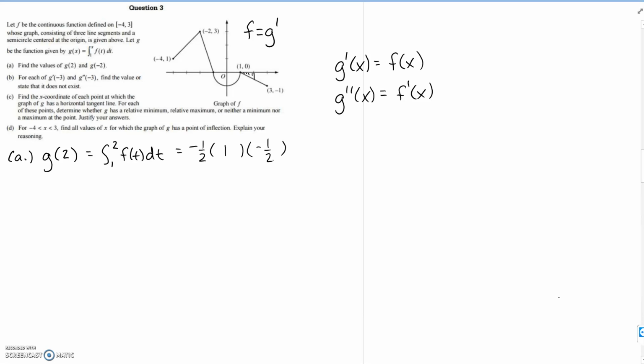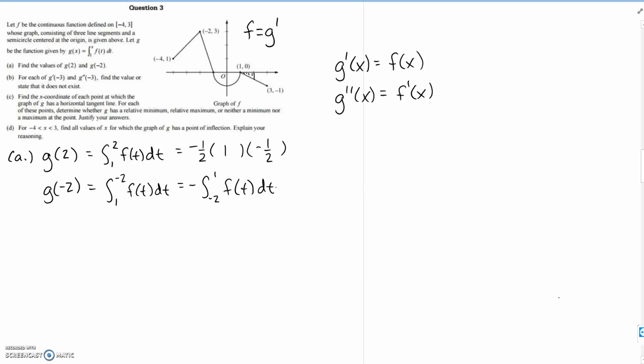So then moving on to the next part of A, which is finding g of -2. And again, plugging in for all the x's, this is going to be the integral from 1 to -2 of f of t dt. And what I want to notice is that the smaller number is the upper limit. So then flipping those limits, multiplying by a negative, gives me the integral from -2 to 1 for f of t dt.